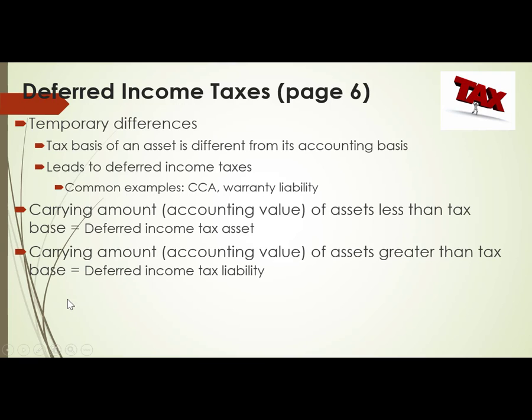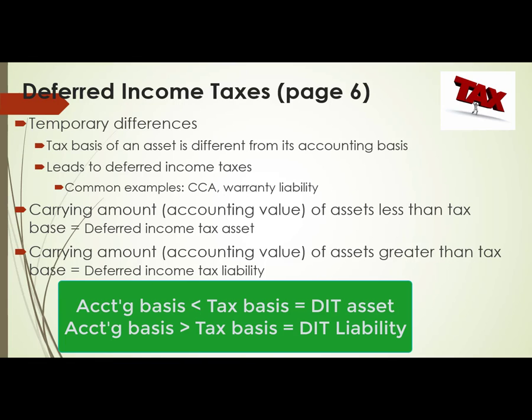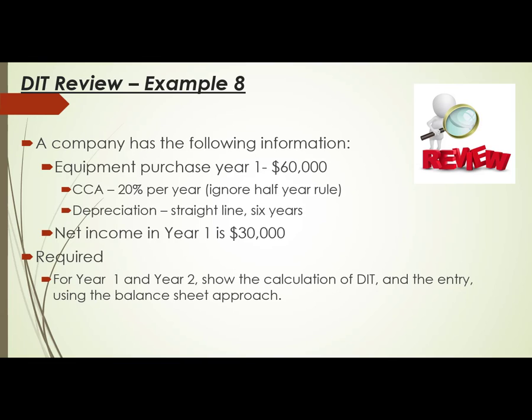When our carrying amount, our accounting value of the assets, is less than the tax base, this is going to result in a deferred income tax asset. If the accounting value of the assets is greater than the tax base, it's going to result in a deferred income tax liability.